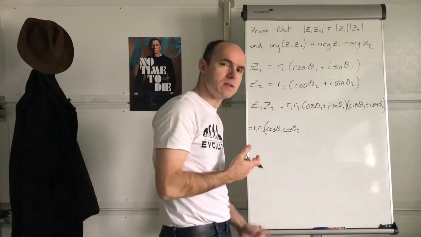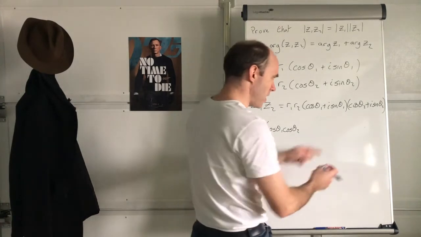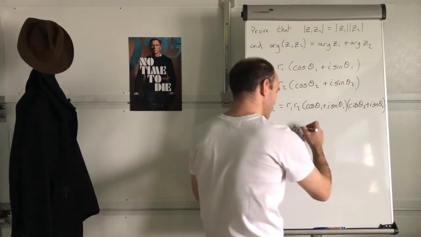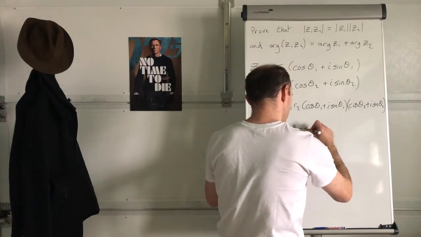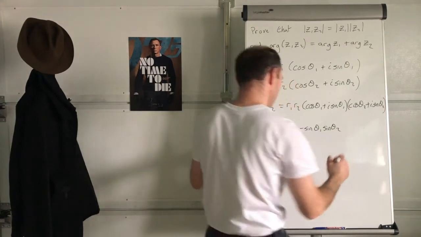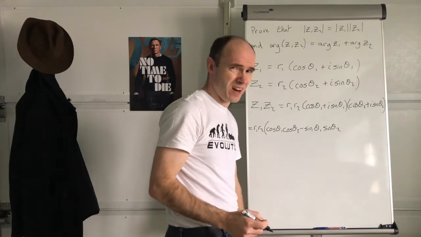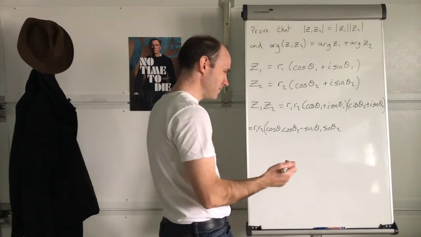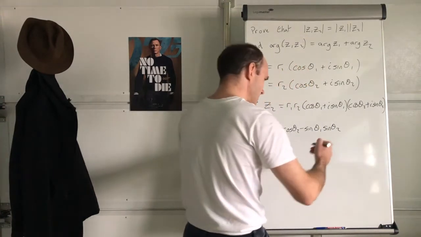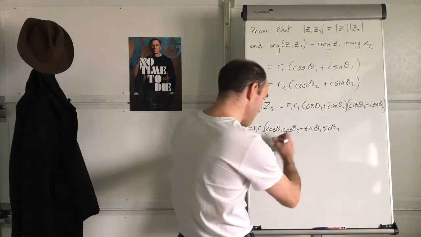Let's keep on doing the real parts. The next real part is when we do that times that, and you get subtract sin theta 1 sin theta 2. So that's the real part. Next, you're going to get an imaginary part, so I'm going to write the imaginary part down here.